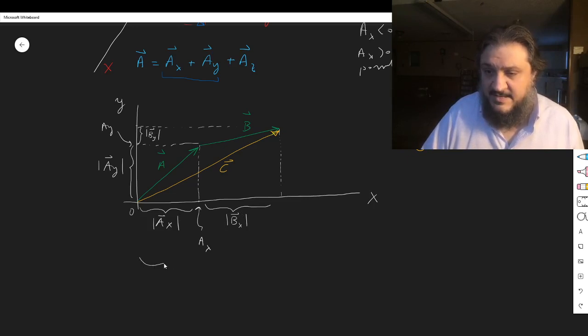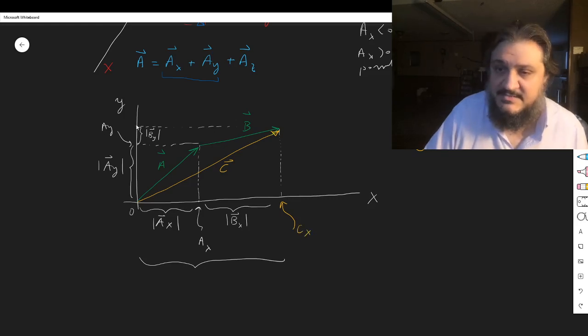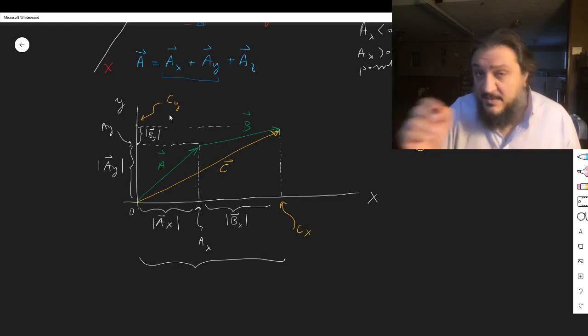All right, but there's also c now here. So this length from 0 to this point, I can call this the component cx, and this point right there. Remember, these components can be positive or negative, all right? I'm going to stress that many times. Those can be positive or negative.